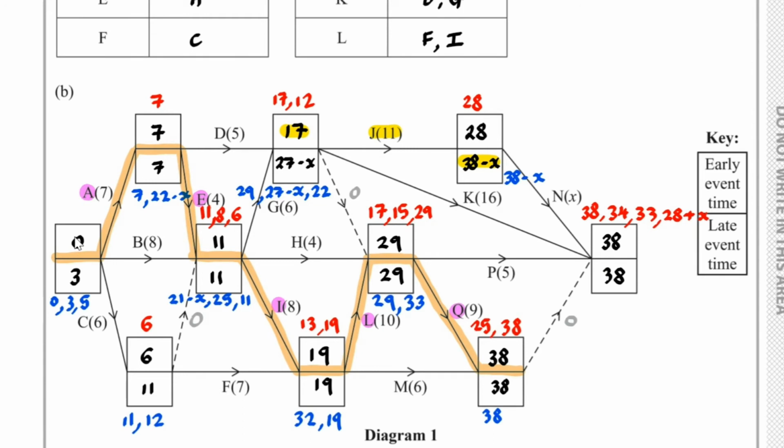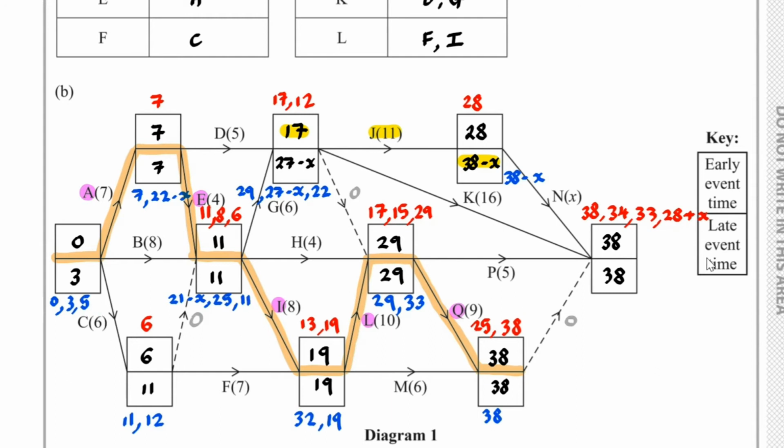So we've got 0 to 8 for B, and then we've got a float time of 3, because 8 plus 3 gives the 11.